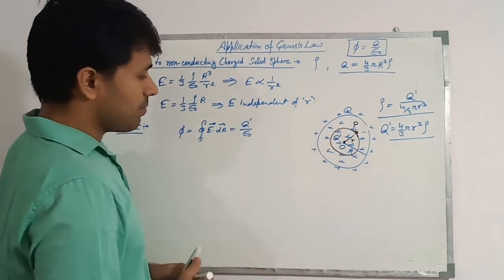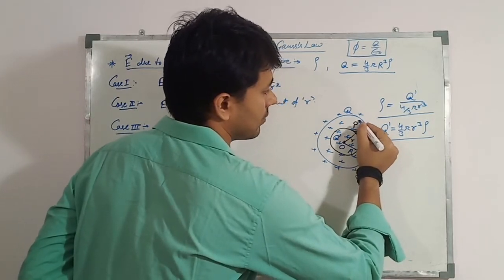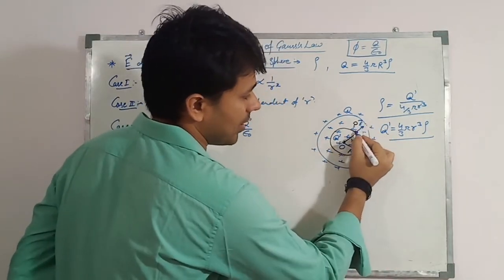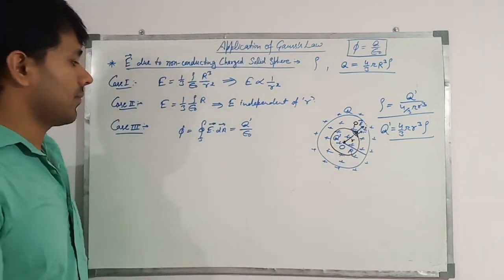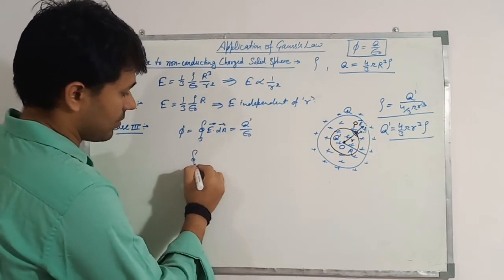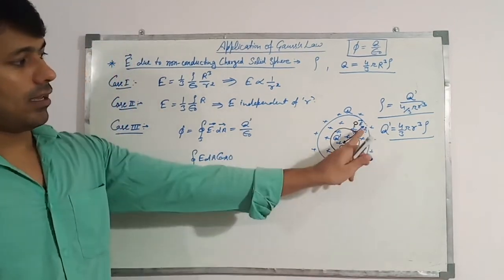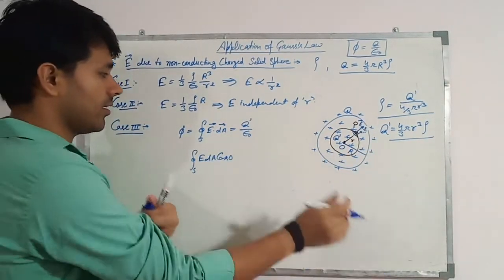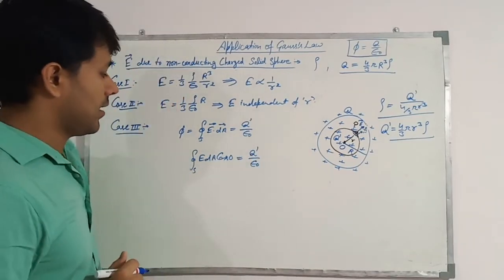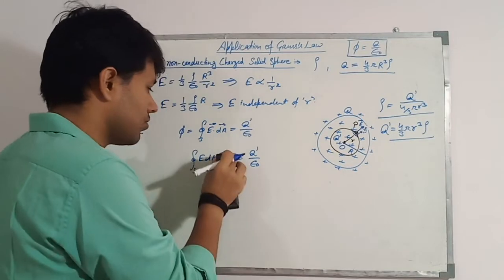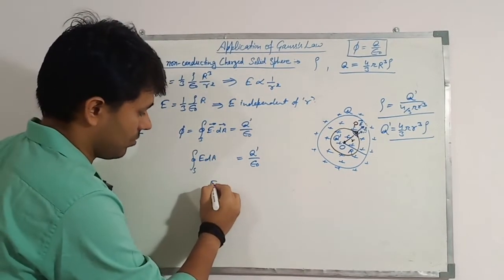Right? At point P, similarly, the electric field is also this E due to the inside charge, and the surface area vector is n cap. So over a closed surface, we can write E dA cos 0 degree, since the angle between area vector and electric field is 0, equal to Q dash upon epsilon naught. Cos 0 is 1, and the electric field is the same all over the surface.